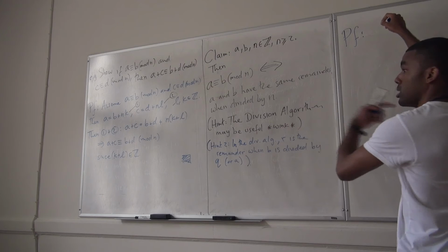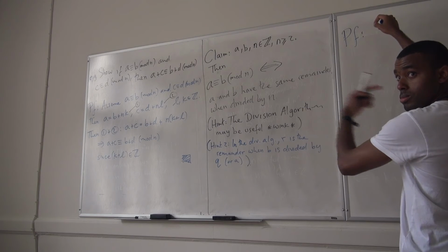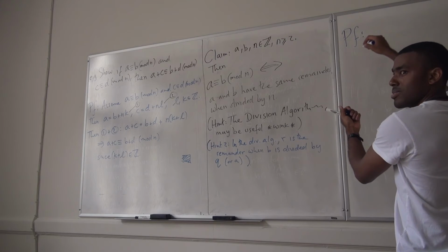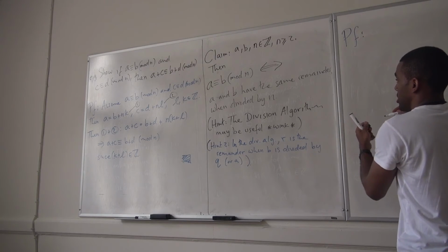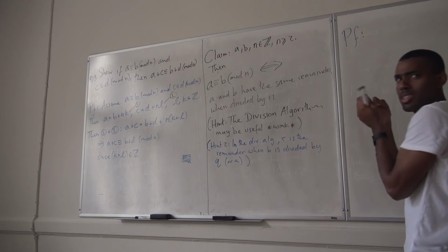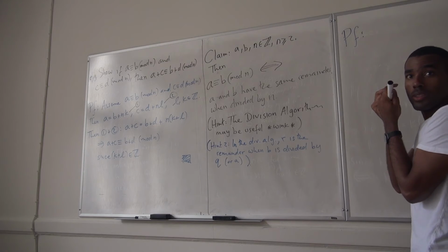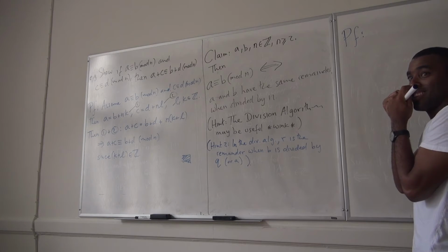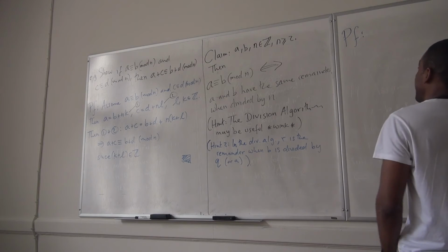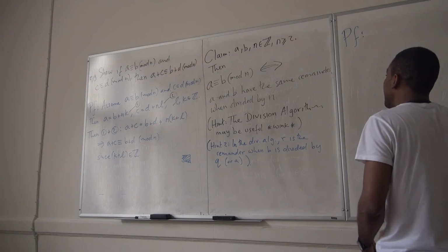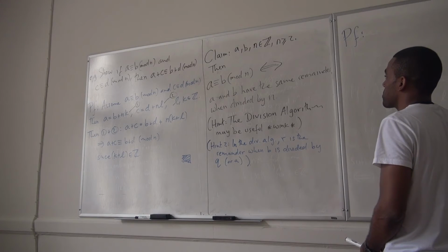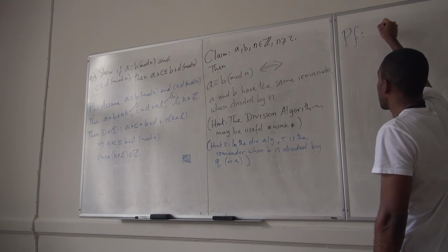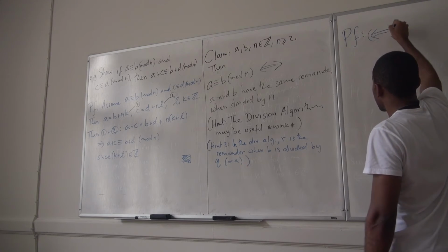Which direction are we going? Who thinks left to right is easier? Okay, who thinks right to left is easier? Isn't it easier to use the direct proof to show if they have the same remainder? Well, that's this way. Yes.